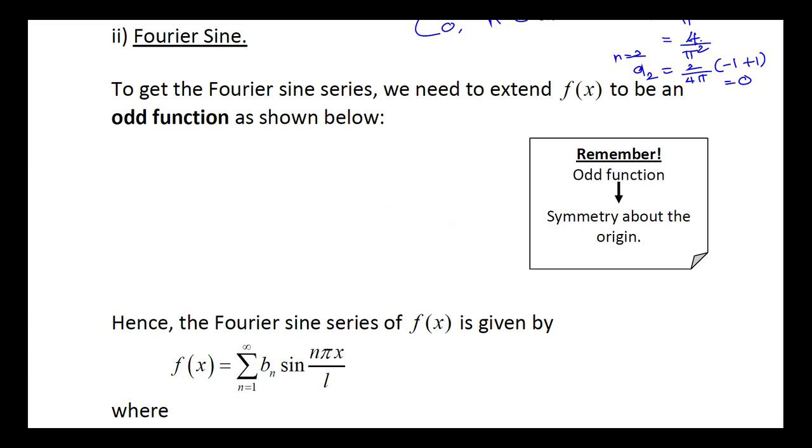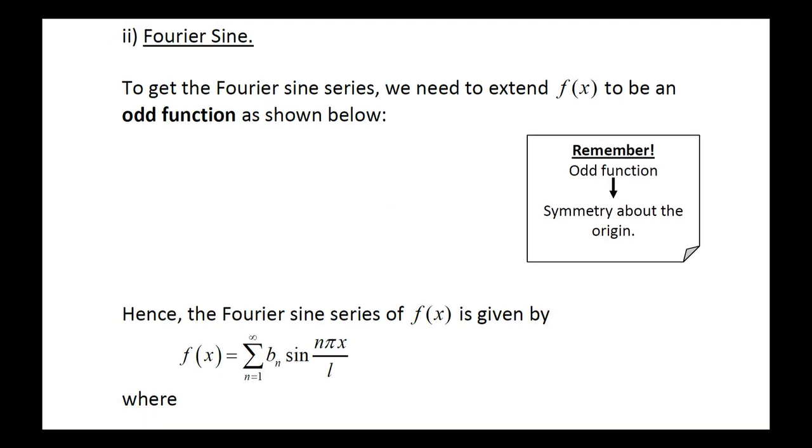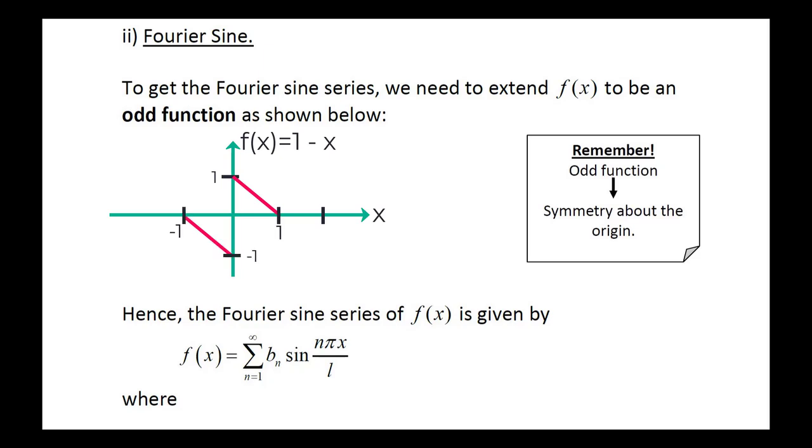Okay, now Fourier sine. Okay, we sketch again the graph. Okay, we will get like this. But this one is Fourier sine, meaning that your symmetry about origin. So you can get like this. Okay. And then remember T is 2.